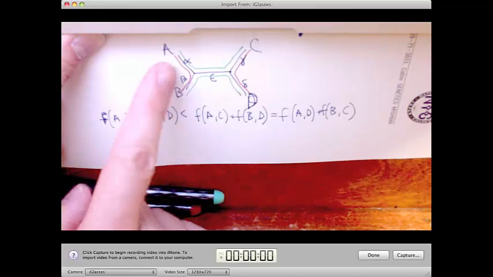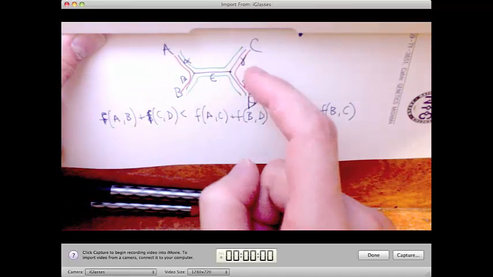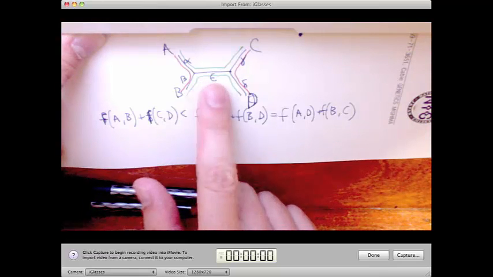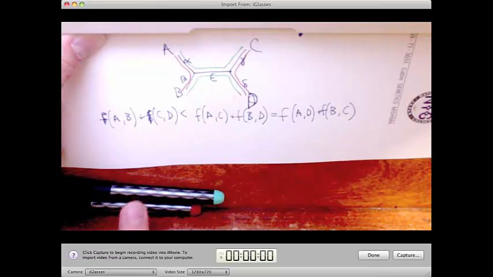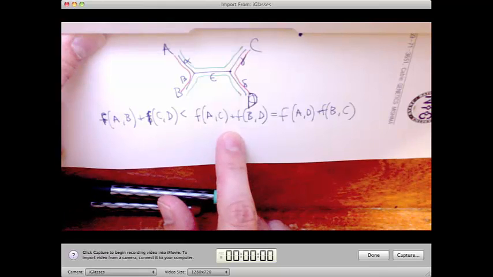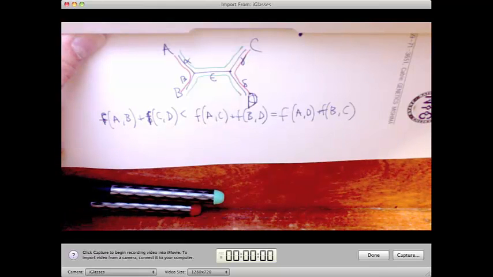So you can see the alpha and beta edges, gamma and delta edges, the external edges are included in both sums, right? Whereas the internal edge is not included in the case where you pair the neighbors, whereas it is included in the other cases, okay? And then the other one is just flipped around.